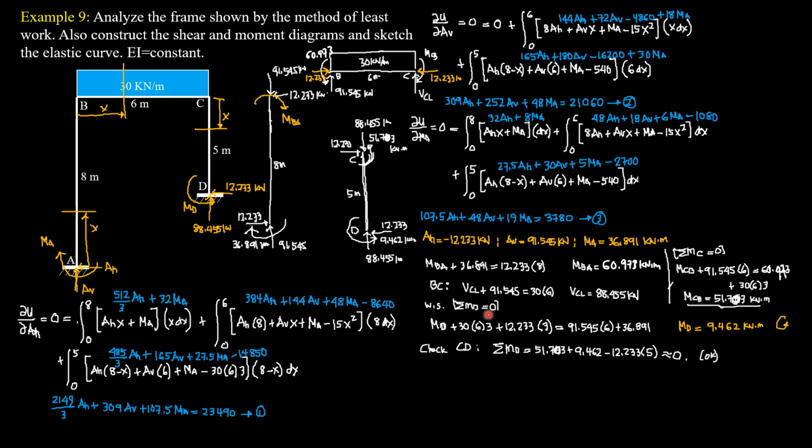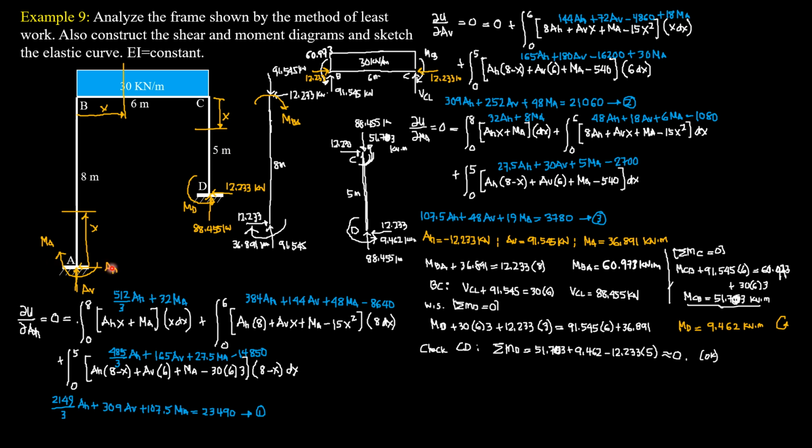Then, considering the whole system, summation of moments about D equals 0, assuming MD is counterclockwise. So M sub D plus the moment of the load, 30 times 6 times 3, then plus, because this is rightward, 12.233 times this distance, which is 8 minus 5, 3.